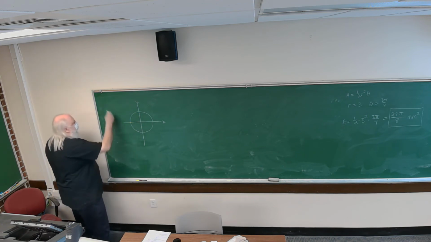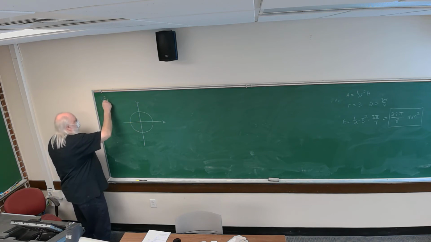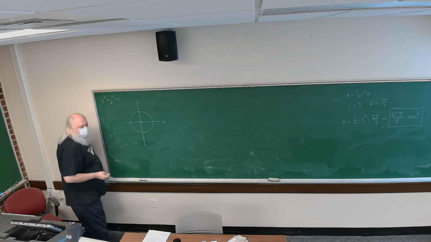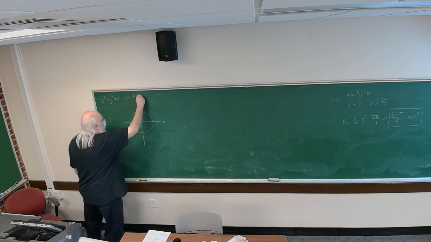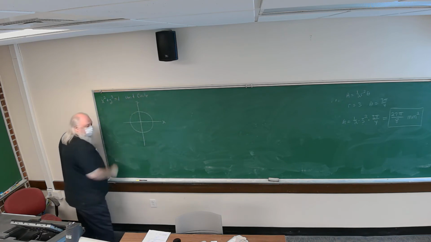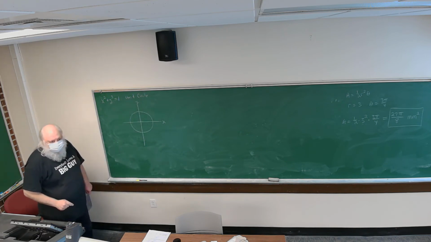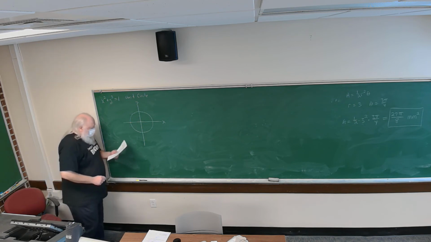So the equation for this circle is x squared plus y squared equals 1 squared, which is 1. That's why it's called a unit circle, because the radius is 1 unit, whatever your units are.